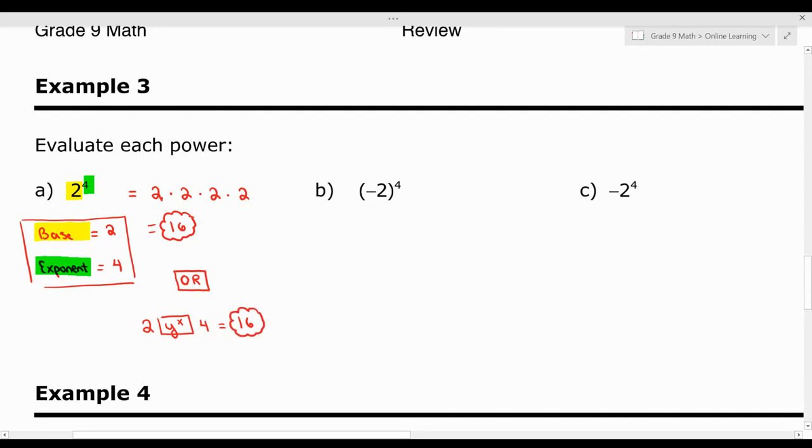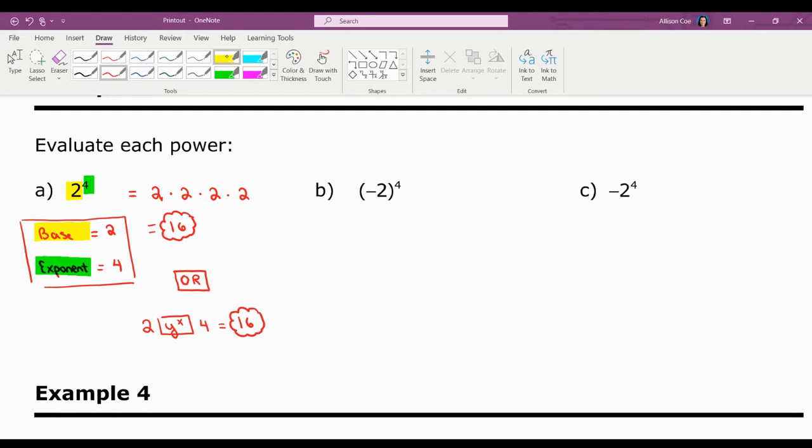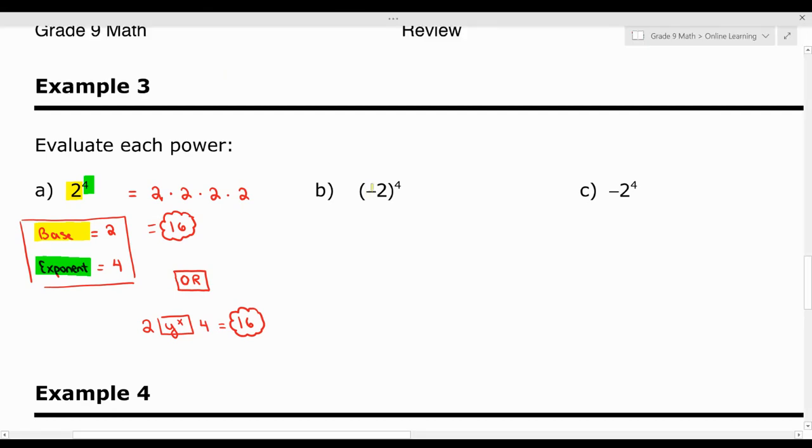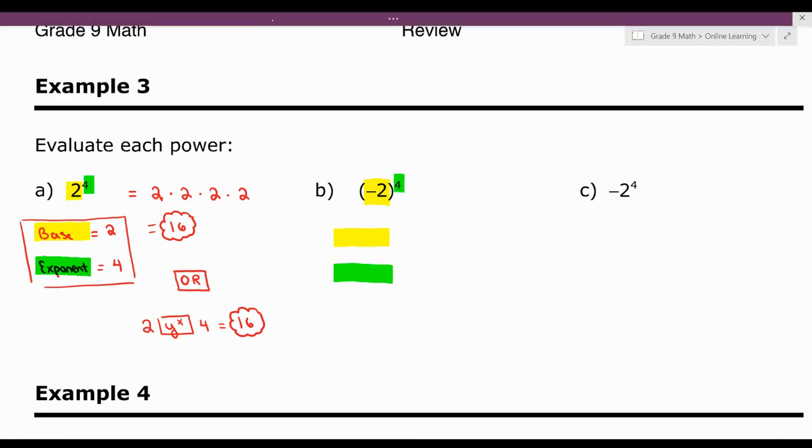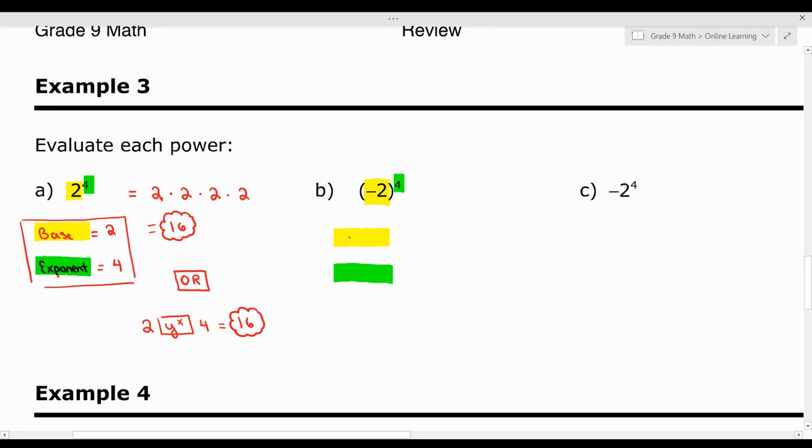All right, question B though, a bit of a change. So this time, if you look, your base is actually the negative 2. So I'm going to highlight that, and your exponent is still that 4. So for this question, the base is actually negative 2, and my exponent is 4.